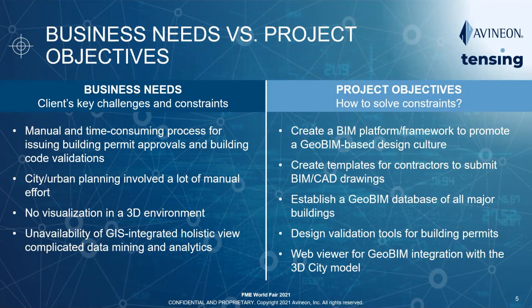We had to have a set of customized functions that would support the building design validation process. And then we built a web viewer for GeoBIM integration with a 3D city model, which provides a holistic view of the city and thus enables data mining and analysis. Avineon geo-enabled and developed this web application that allows the viewing of the 3D BIM models.